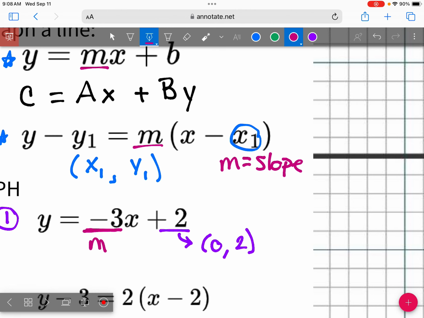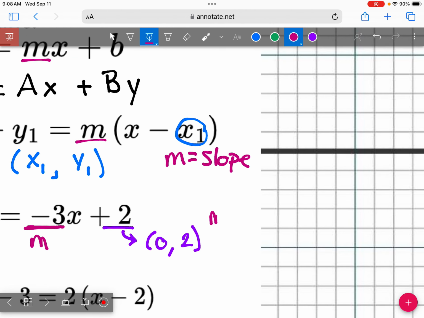So this is our m. How do I move with a slope of -3? Down 3 and 1 which direction? Somewhere is technically not wrong, but not particularly helpful. Rise over run, and we usually go to the right.